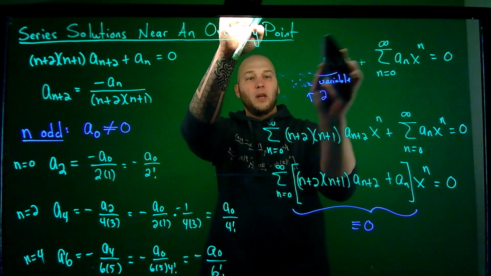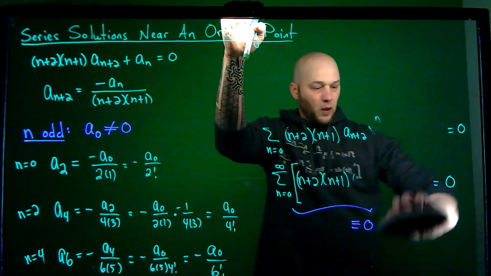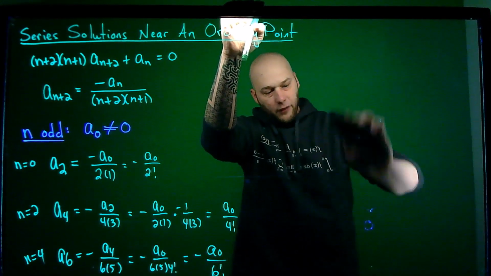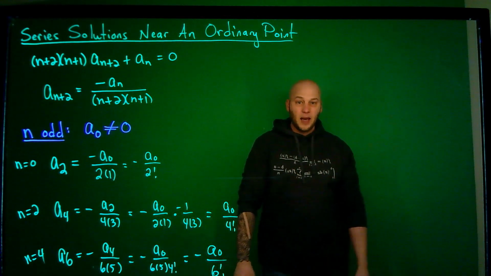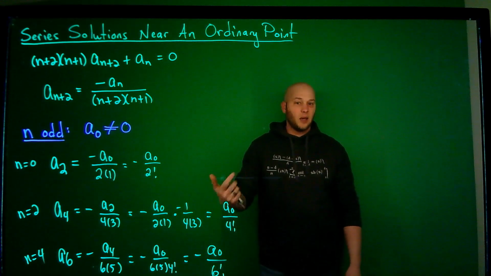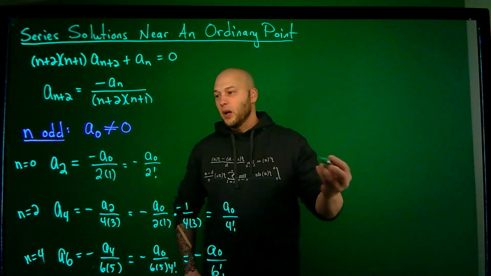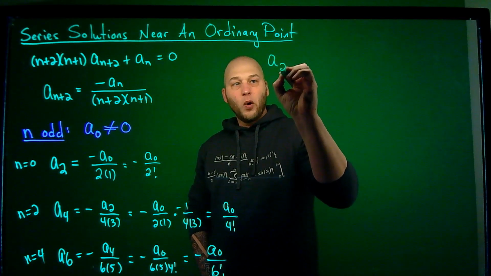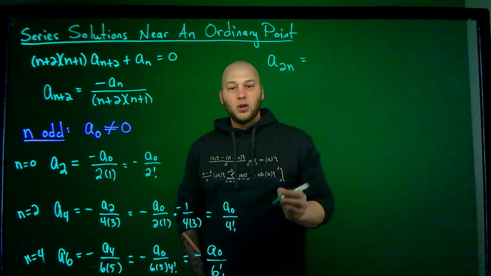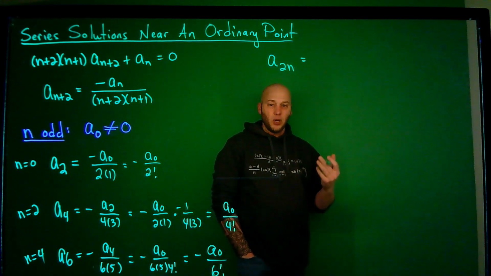And that's one of the benefits of doing pattern recognition here: I don't have to compute infinitely many terms. I can make an educated guess as to what the A8, A10, A12 terms would be. Well, here we go. What would A2n be? In other words, the formula for the coefficients for the even terms.